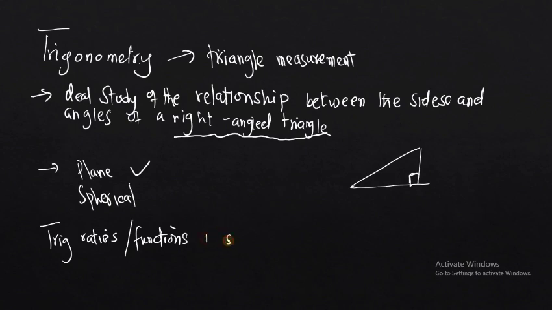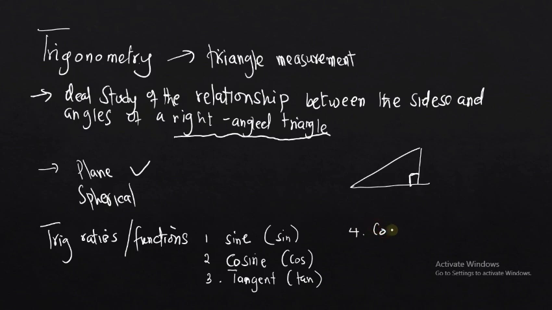So we have the sine, which in short we call sin. We have cosine, which in short we call cos. We have tangent, which we call in short tan. We have cosecant, which we call cosec.